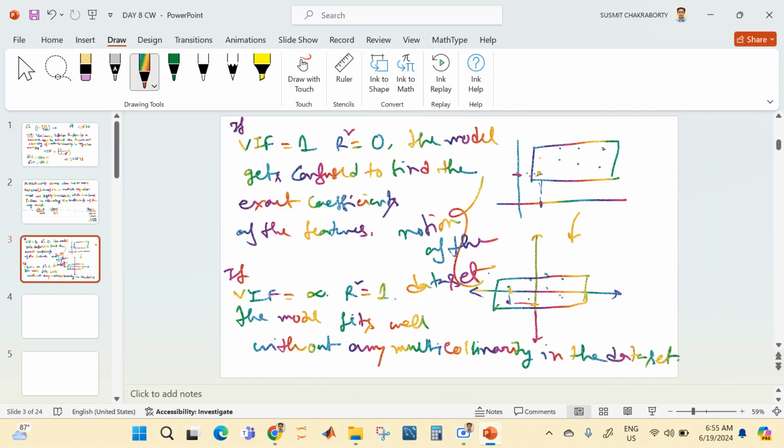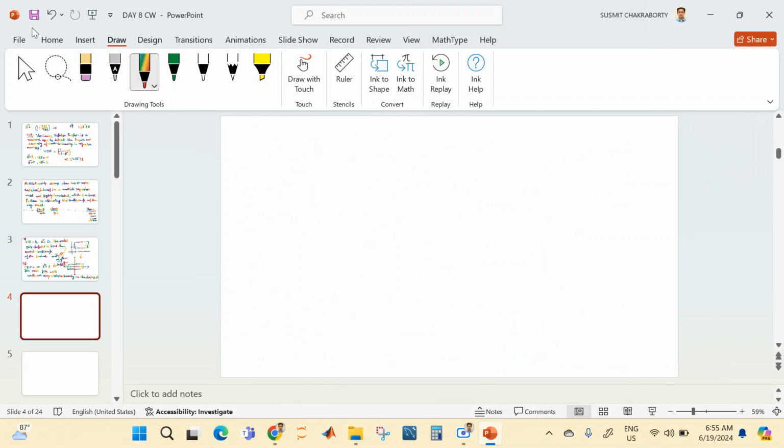Remember, R square equal to 1 is the best model. Similarly, VIF equal to infinity is the best model. R square and VIF both should be high. Infinity is not possible in practice, and R square equal to 1 is also not possible, but near to 1, a very high VIF value, is desired. So this is the concept of VIF.